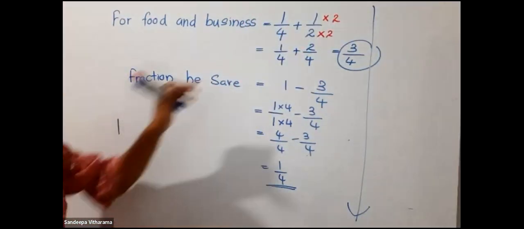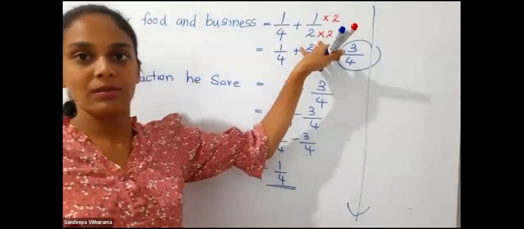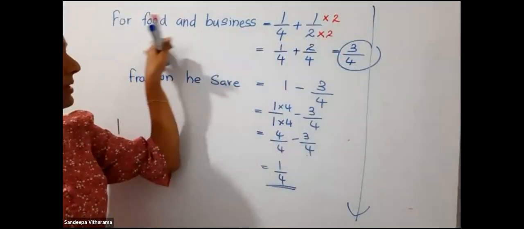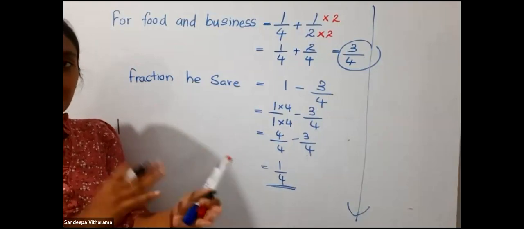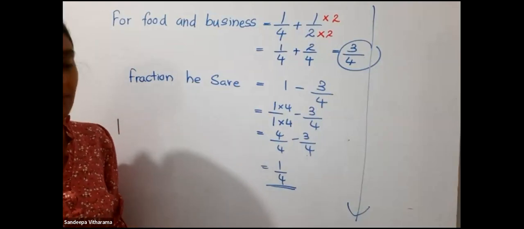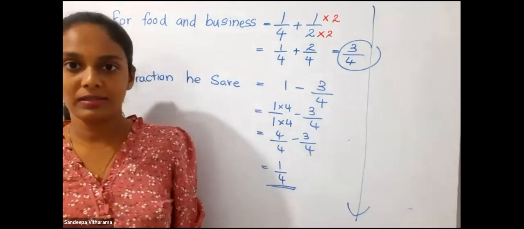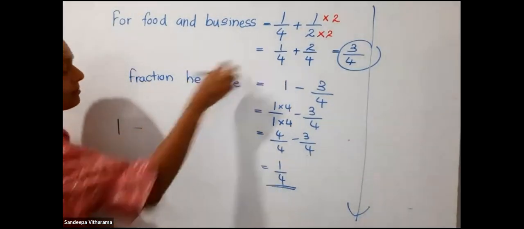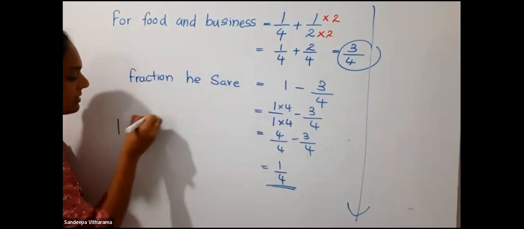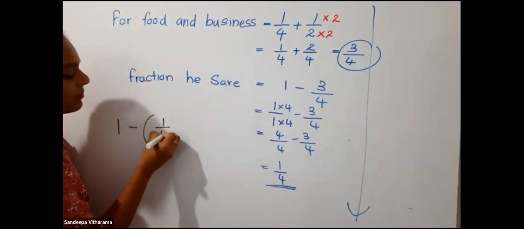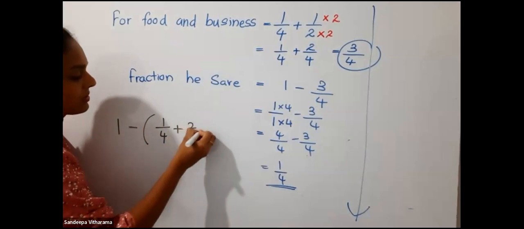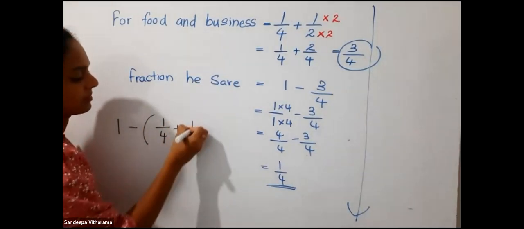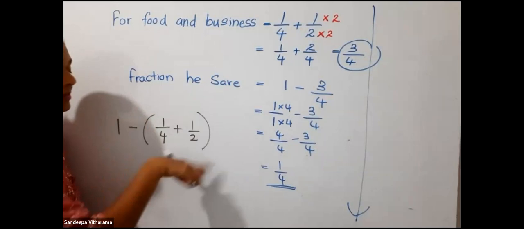1/4 and 1/2 was the amount that is spent for food and business. It should be subtracted from 1 to find the amount he saved. So you can subtract the sum of these two. You can consider the sum of these two as one particular fraction, filled within brackets.